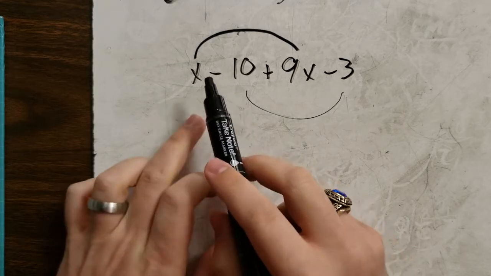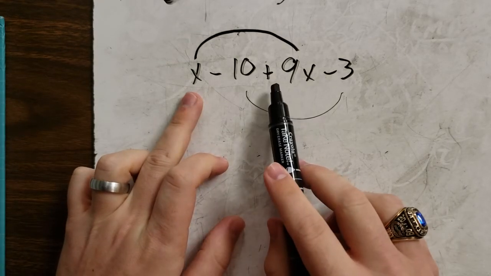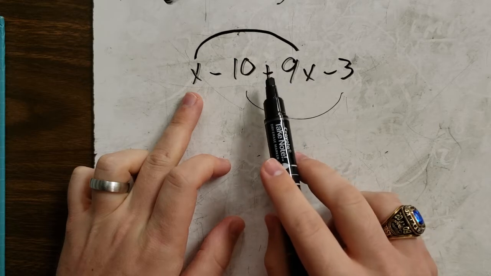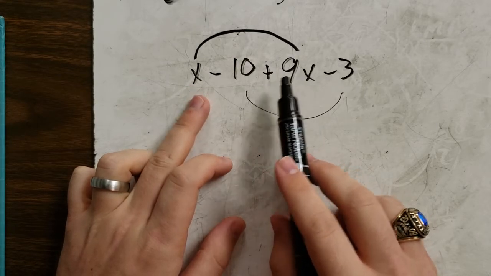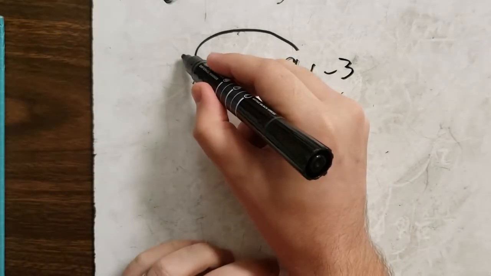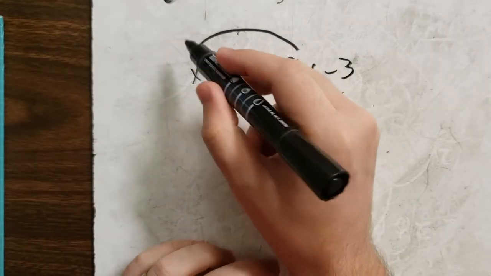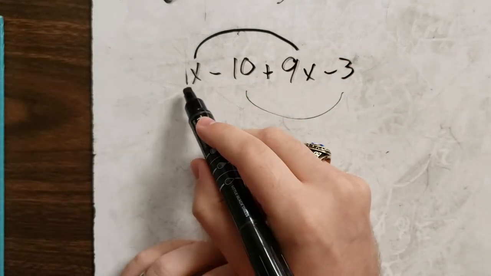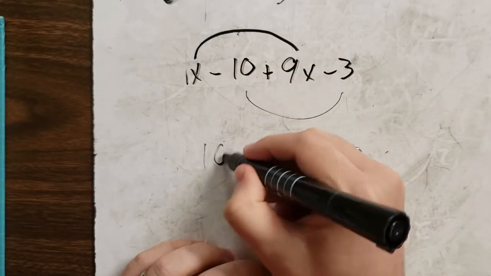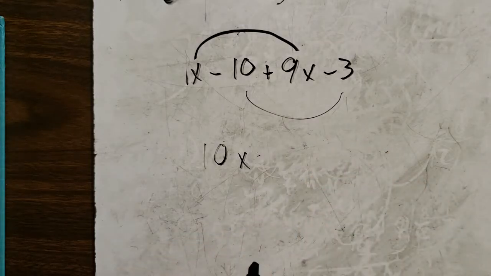So let's do that. x plus 9x. Now look, our plus sign is before the 9, so that's what makes it positive. So x plus 9x, and we know that if there's a letter by itself, what's in front of it? A 1. So 1x plus 9x equals 10x.